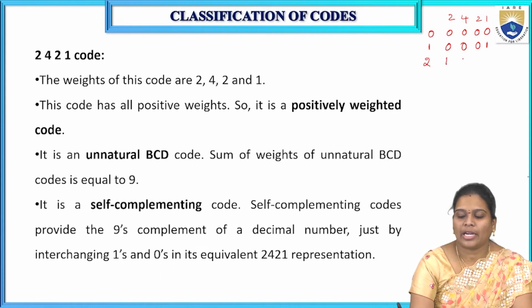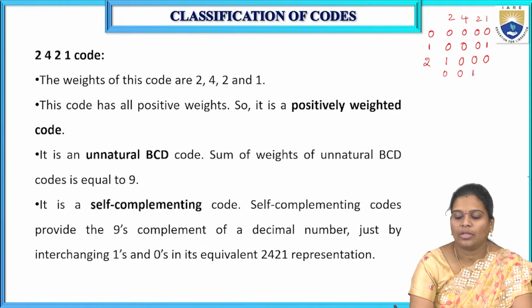Either we can write like this 1, 0, 0, 0. So here we are taking this position of this weight. So that's why here we are writing the 1. Remaining bits are the zeros. Otherwise 0, 0, 1, 0. Either we can write this way or this way.